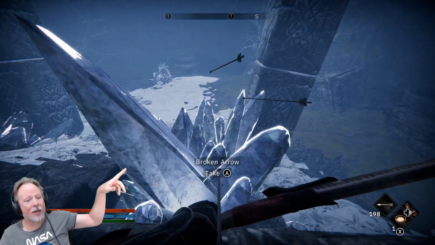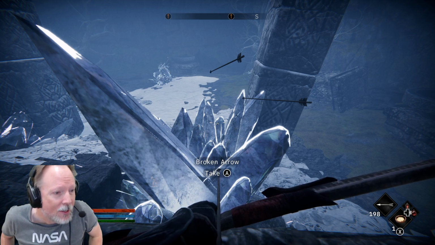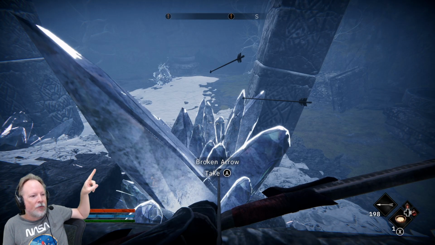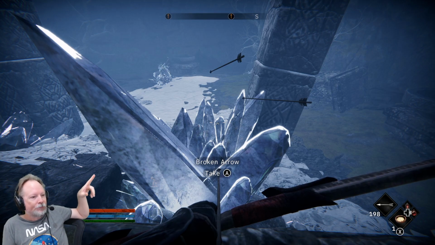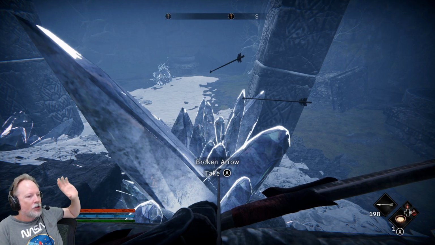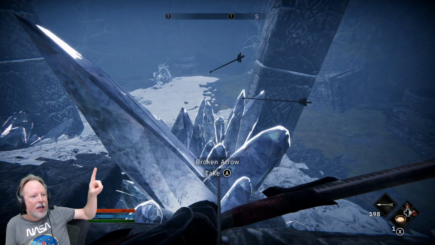Oh, by the way, guys, this right here is a perfect example of what we were just showcasing. That right there is the perfect example of low budget indie game development. There's nothing wrong with this, because from a fundamental visual perspective, no one is ever going to know that there's a collider here.